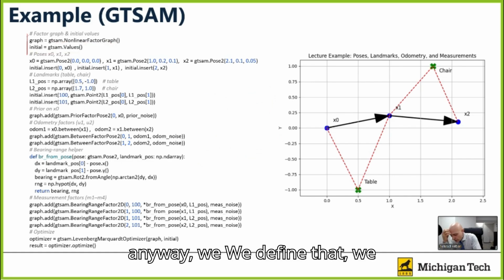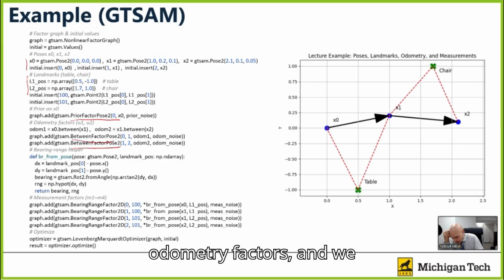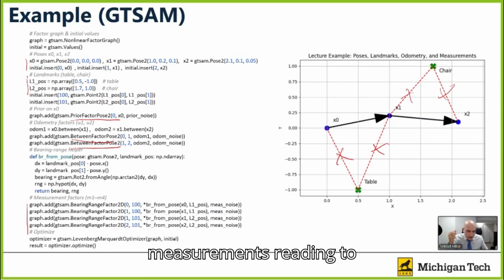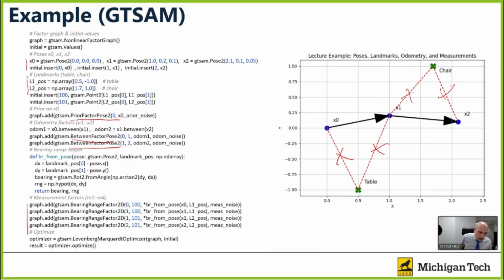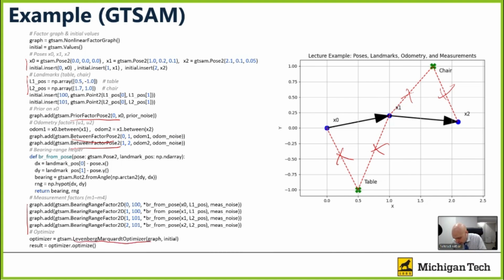Anyway, we define the initial values, we define the landmarks, and we add prior factors, we add odometry factors, and we add all these measurements. We have 4 of these measurements reading landmarks. We have 2 landmarks, chair and table, for example. And then the rest is just calling the optimizer.